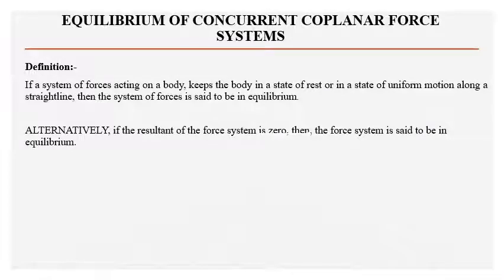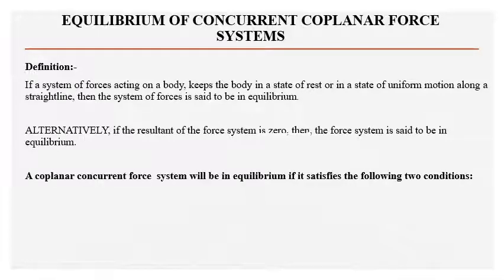As usual, let's have a little recap. What is equilibrium? When the resultant of the system of forces acting on the body is zero, then we say the body is in equilibrium. What are the conditions of equilibrium?